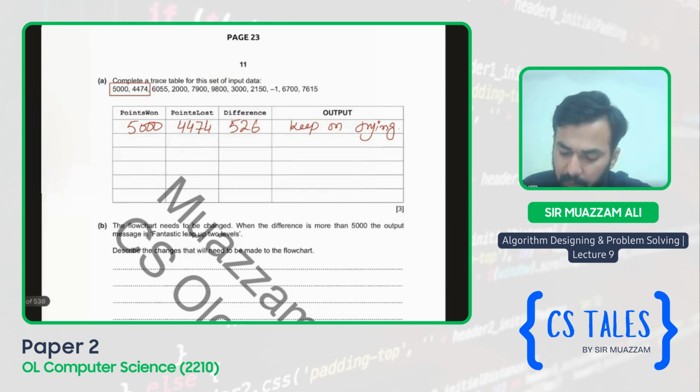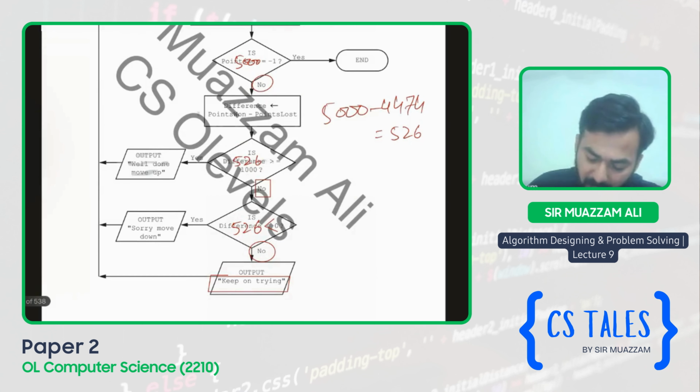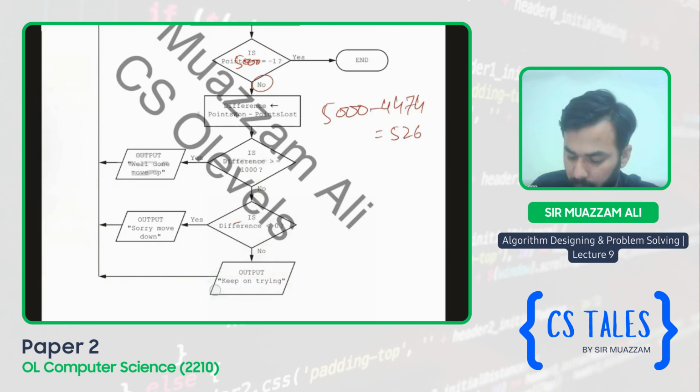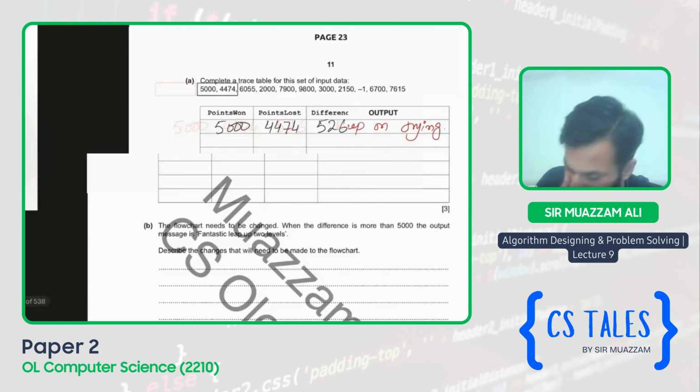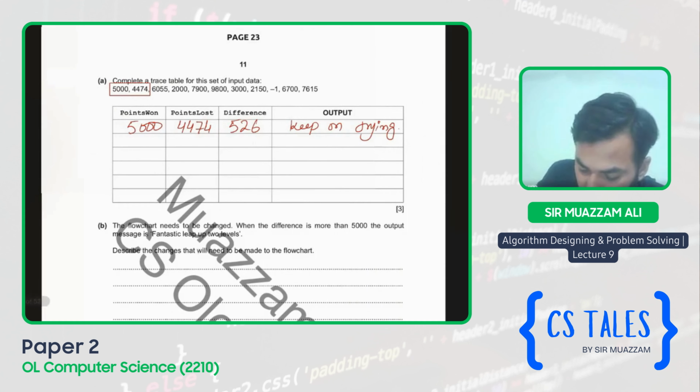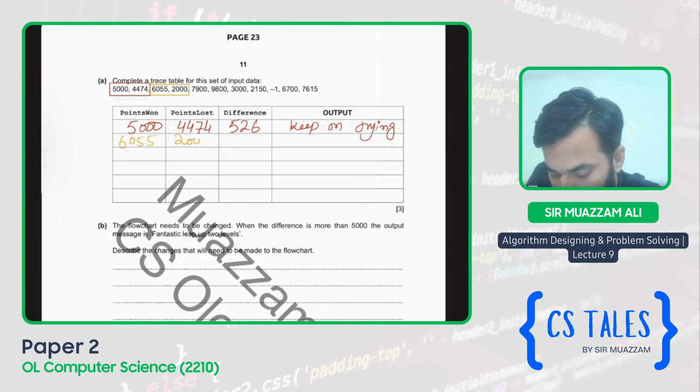Okay. So after that, we have to move back again to input. The next input is 6,055 and 2,000.